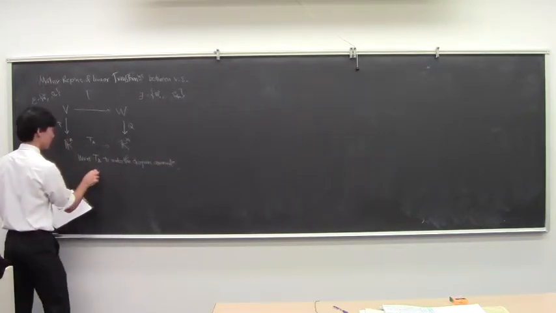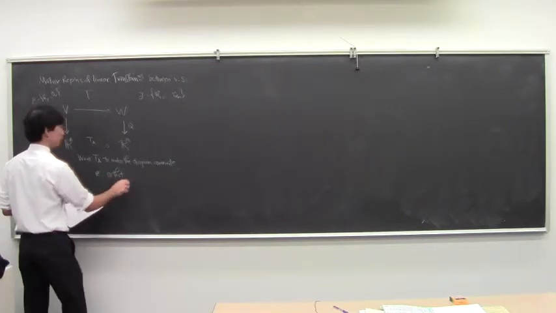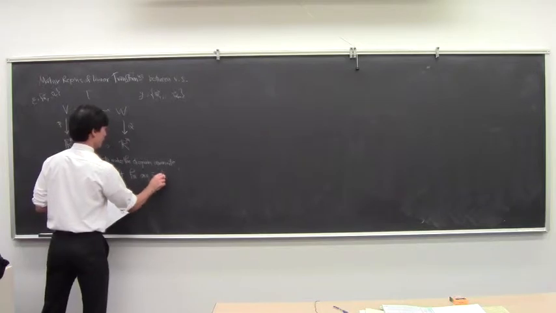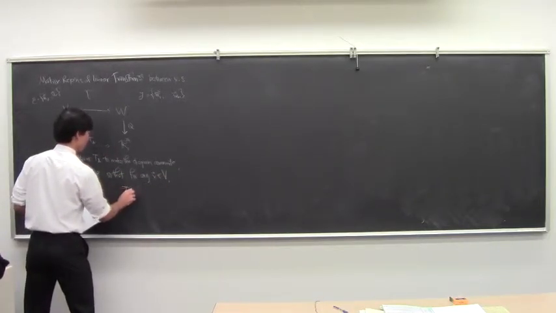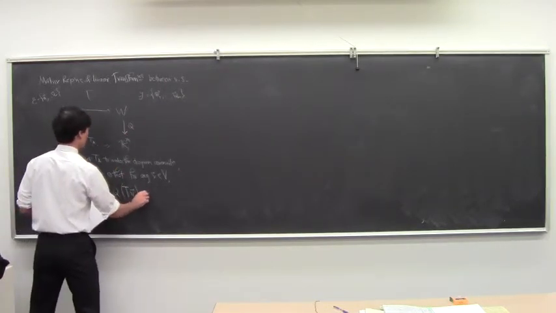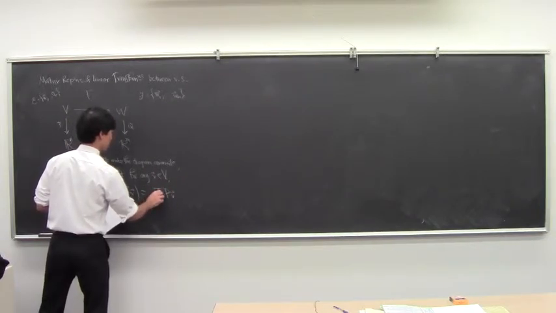In other words, for any V in V, T of V hit with Q is the same thing as P of V hit with T sub A.